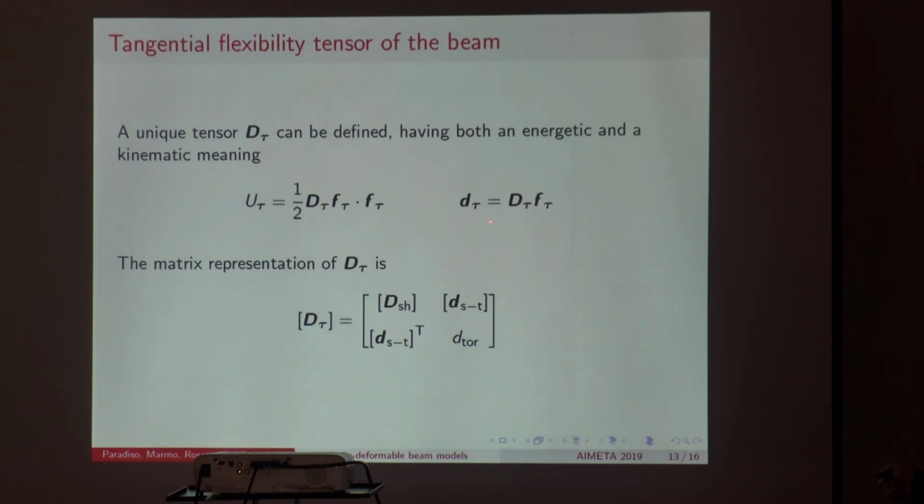And this is the tensor I showed you before. Inside this, there is the center of twist. So this is a univocally defined tensor that depends just upon the geometric quantities, the properties of the section and the length of the beam. That's all. I have no problem with the elastic properties.